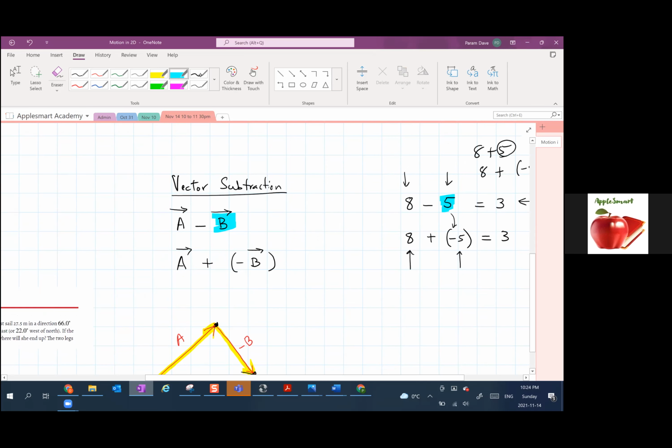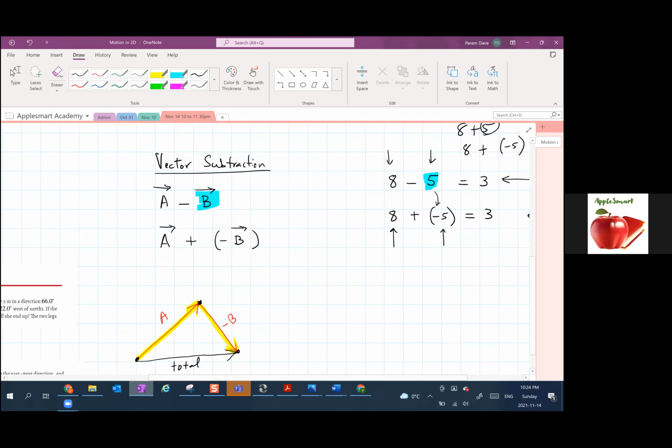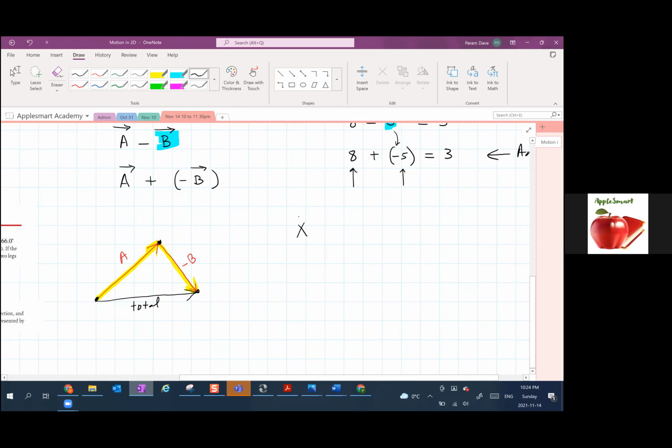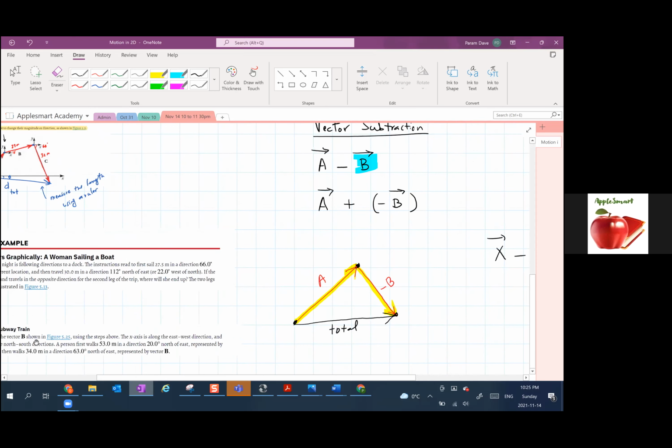Okay, so let me give you an example. Let's say I had to do vector X minus vector Y. So you would find out the opposite of which one of these two vectors, X or Y? Y. Sorry, say that again, please. I couldn't get it. Y, you got it. Perfect, right? The rest of the process remains just like this.